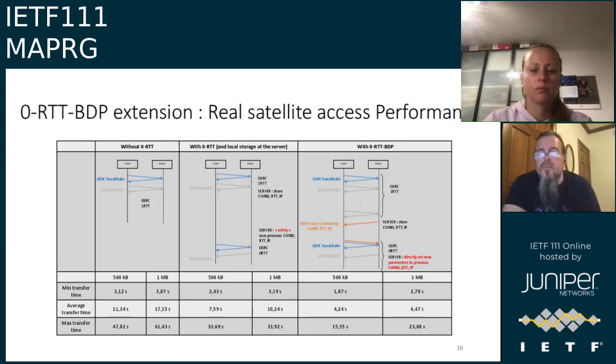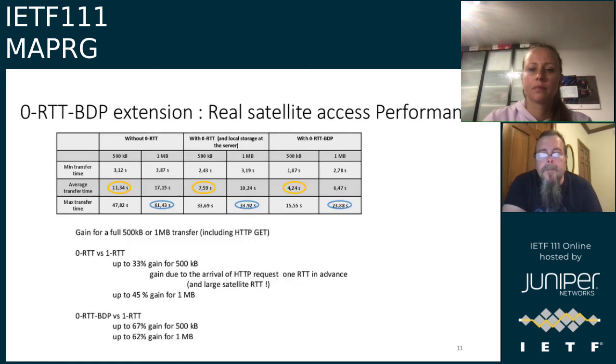I don't have enough time to go deep into the details of the results, but basically we have compared the solution of local storage on the server and the result with the 0RTT BDP. What we can see from the results, looking at the orange circle here, is that on average, without the 0RTT, it takes us 11 seconds to upload 500K, and it takes less than 8 seconds with the 0RTT and less than 5 seconds with the 0RTT BDP extension.